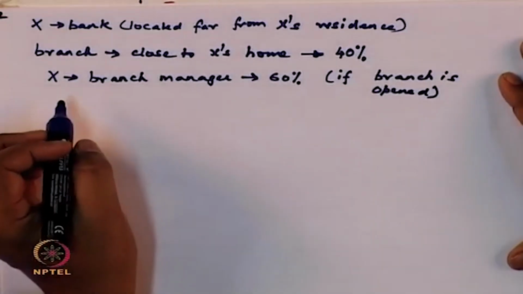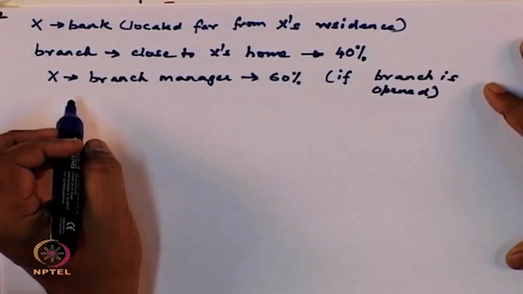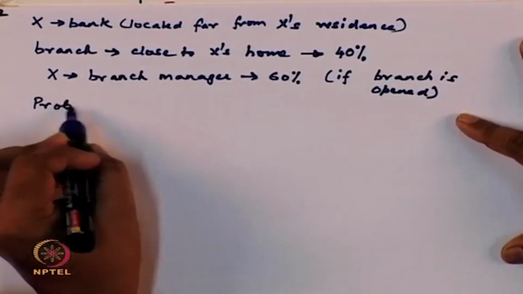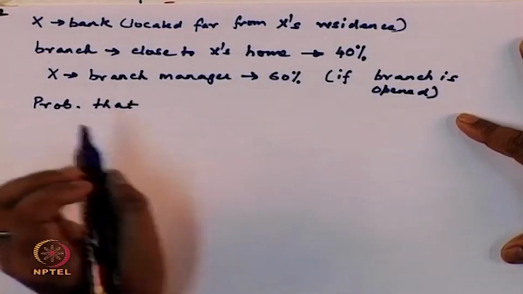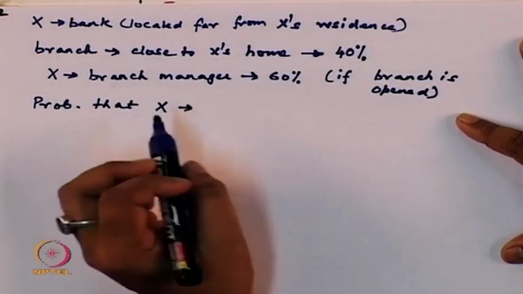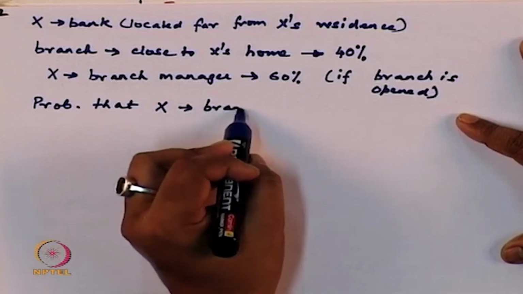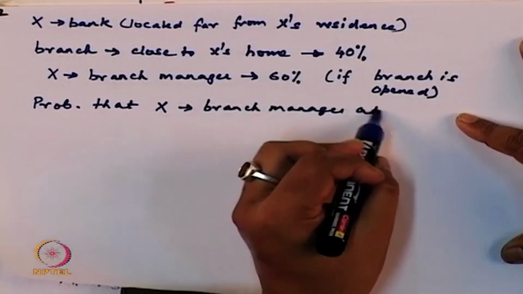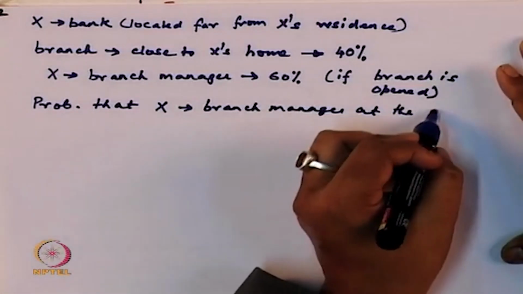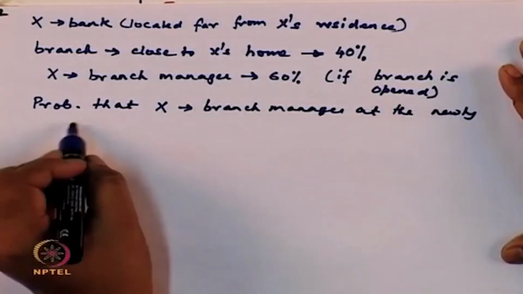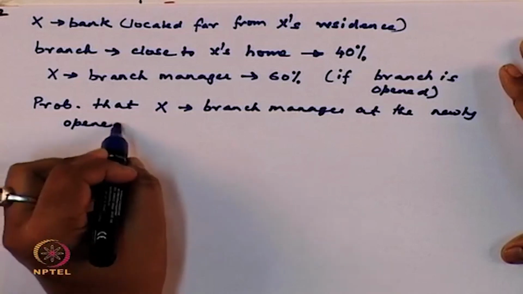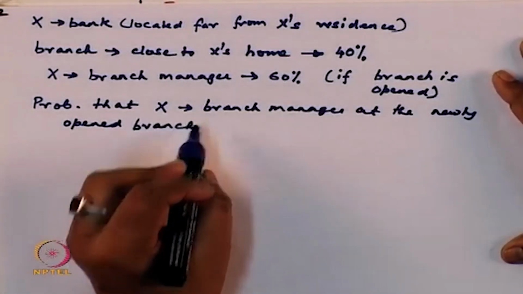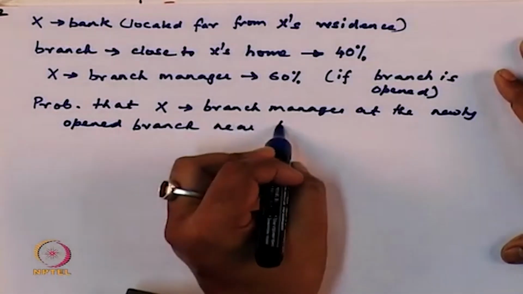I want to ask the question, what is the probability that X is branch manager at the newly opened branch near his or her home?